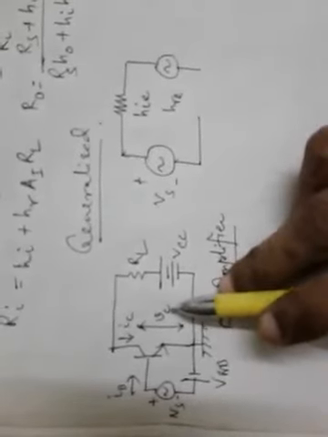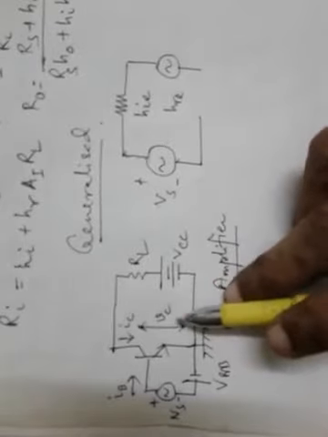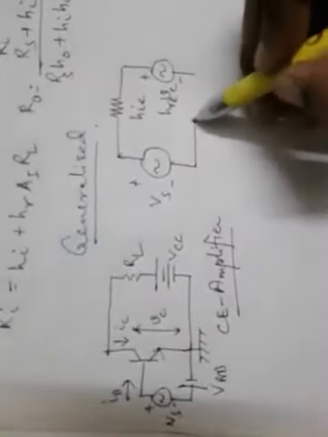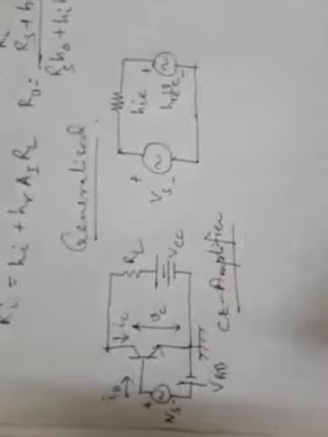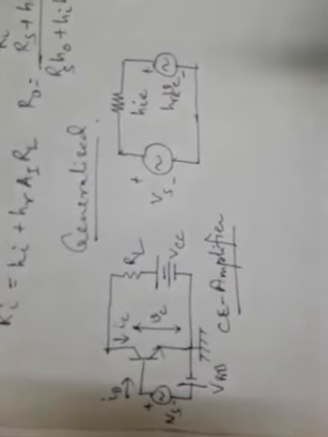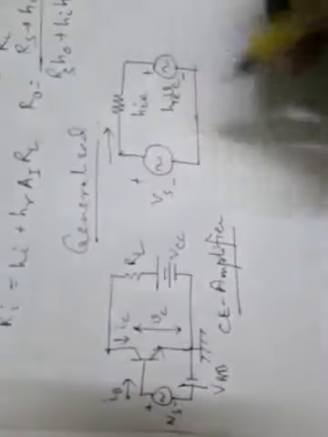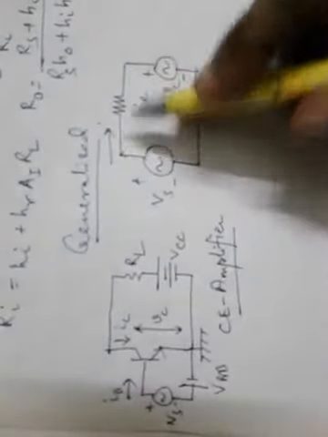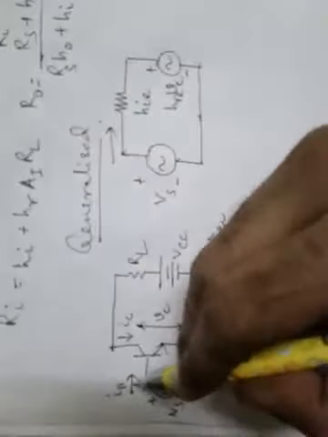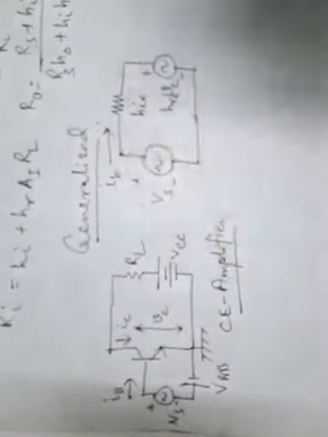The voltage at port 2, that is VC. So the value of this voltage source should be HRE VC. Now this completes the input side of this circuit, and the current entering into the transistor through the input port 1 is the input current IB. So this is IB.